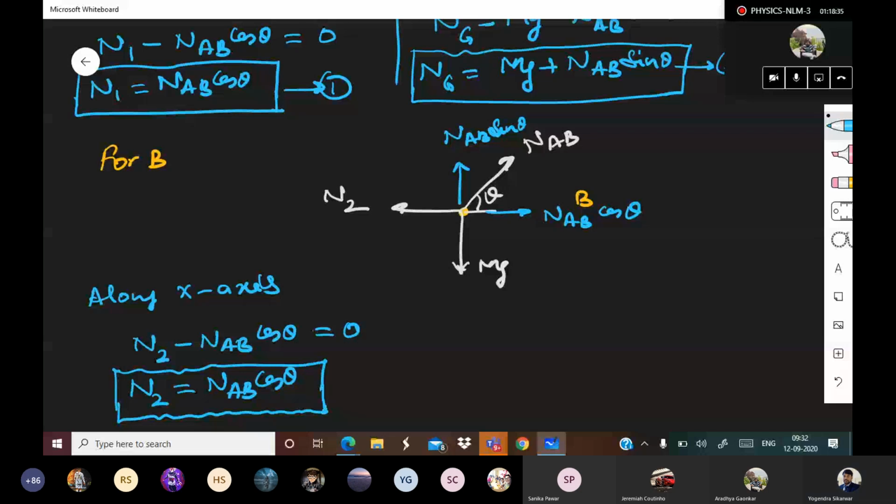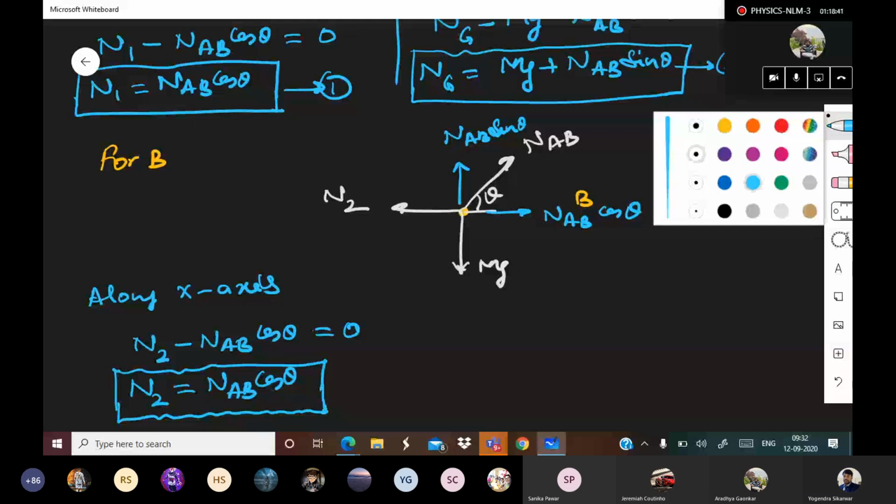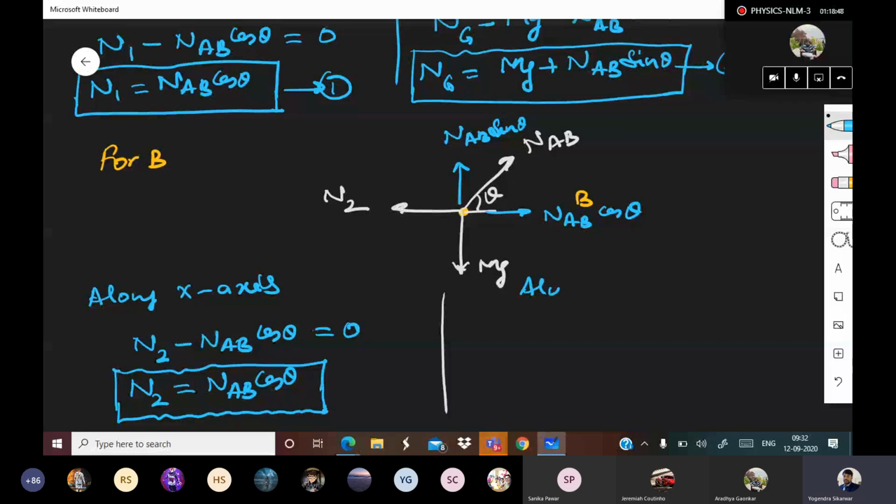Now along y-axis, pay attention everyone, NAB sine theta minus mg is equal to 0, and that gives us NAB sine theta is equal to mg.